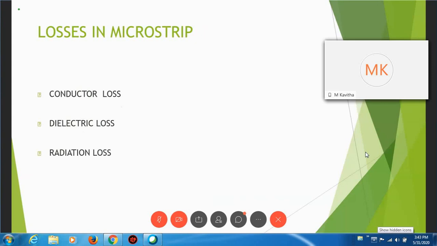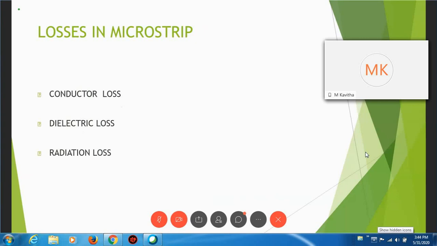In microstrip, we place the metal strip and the substrate on the ground plane, so we get some losses due to the insertion of the conductor and the dielectric. We can classify the loss: the three important losses present in the microstrip are conductor loss, dielectric loss, and radiation loss.